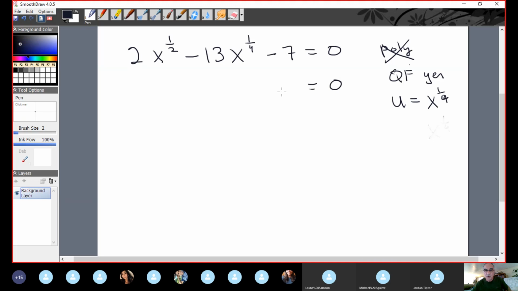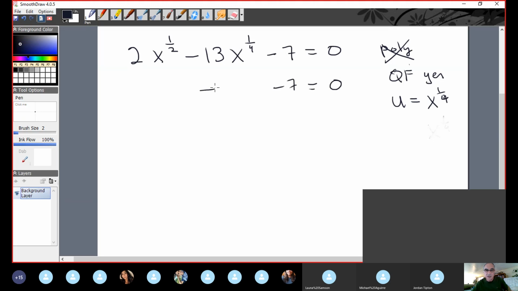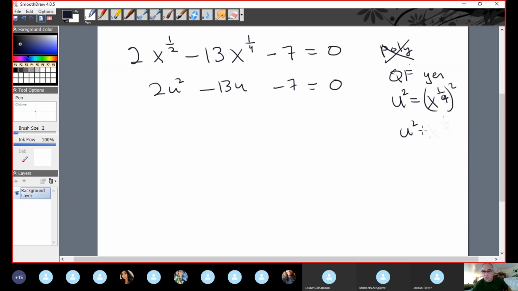So you put 0, -7, -13u, and this is 2u squared. Yes or no? Because when you square here, the multiplication by 2 gives x to the 1/2, because 2 divided by 4 is 1/2. And this equation now is a quadratic equation.